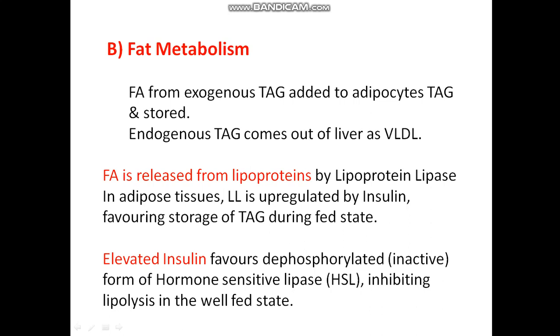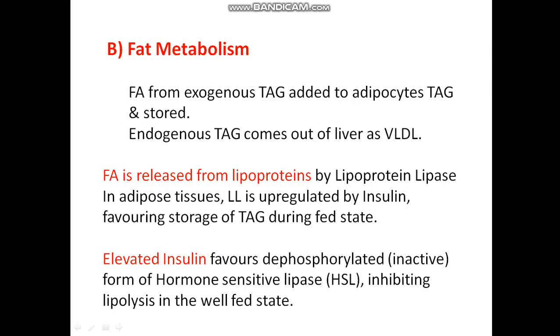The hormone sensitive lipase breaks down this TAG, but when insulin is high, it is inactive, and lipolysis by hormone sensitive lipase is inhibited.